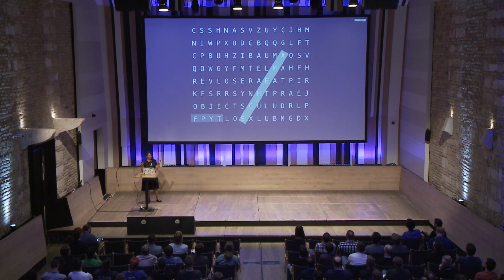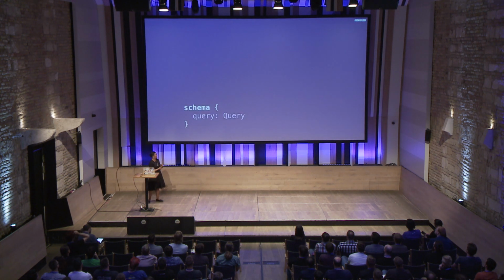Now the thing that connects all the various pieces together is the schema. So let's focus on that next. Now, the schema is basically just a few object types, and this is where you'll define what those object types are and what they return.